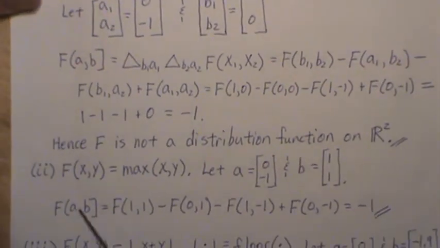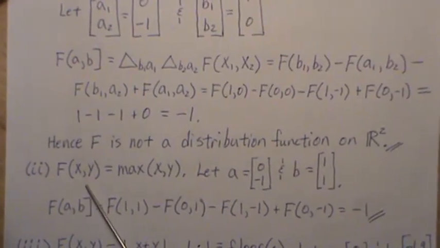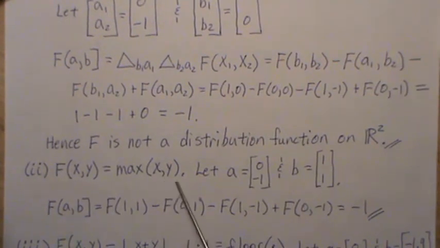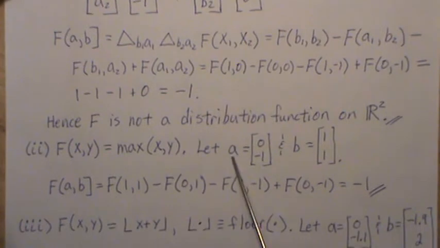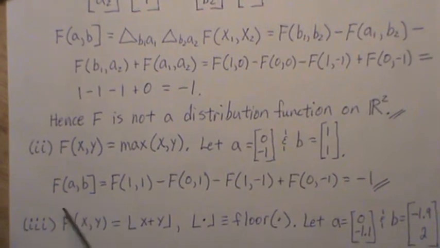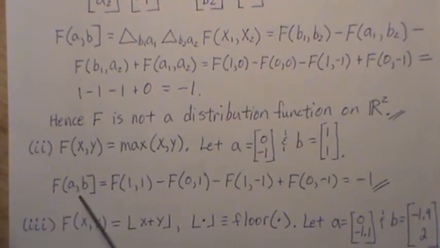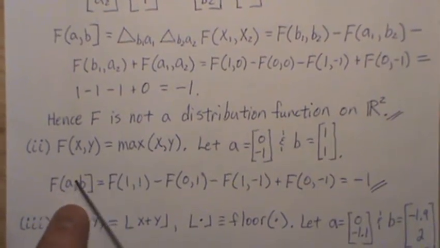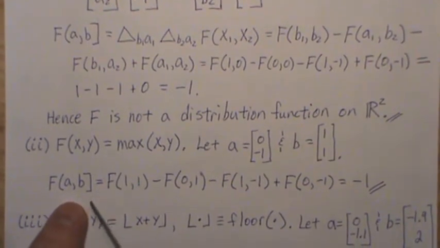So a second example, if we let f of x, y, we're in two space again, equal the max of x and y, and we let the points a and b be this, 0, 1, and 1, 1, then we look at this measure, f of (a, b], where, of course, this is the right semiclosed interval.